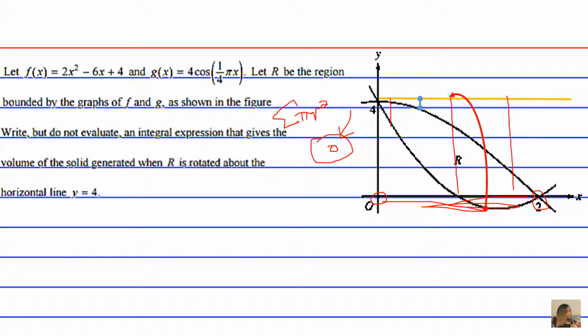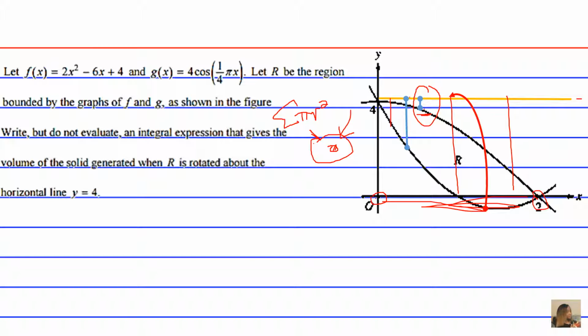Okay? So our inner radius, this thing right here, is 4 minus g of x, because y equals 4 is above the function g of x.